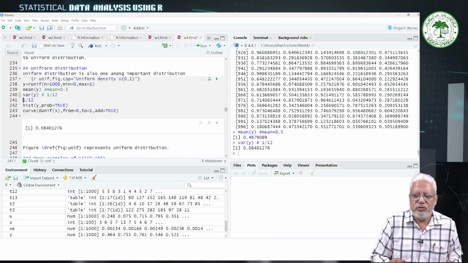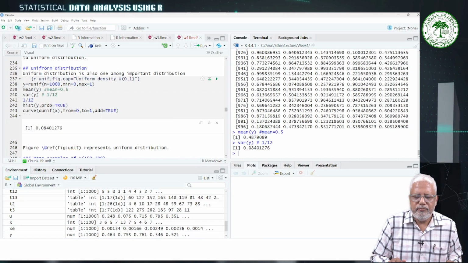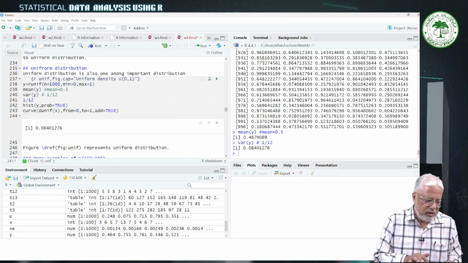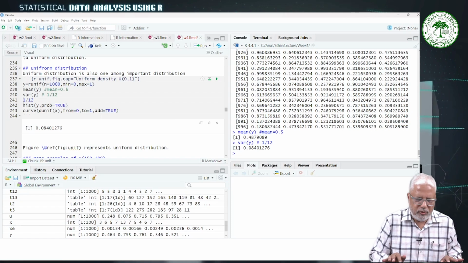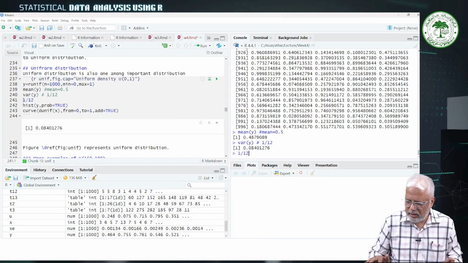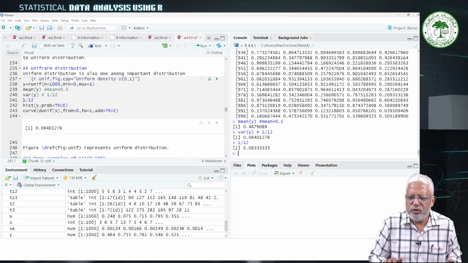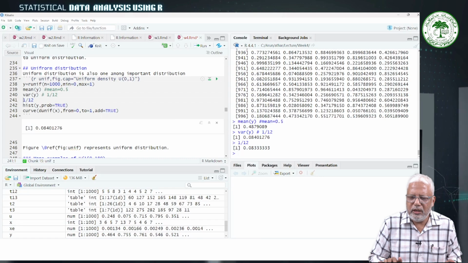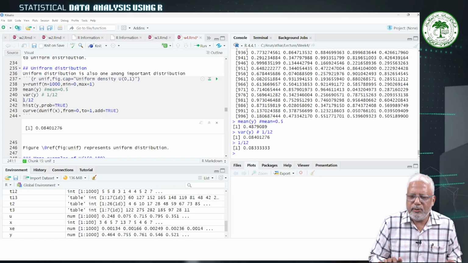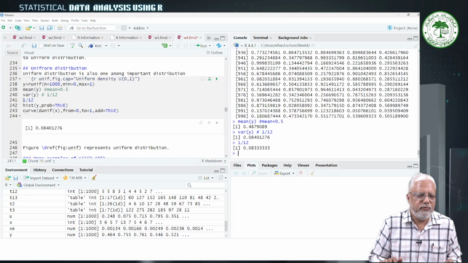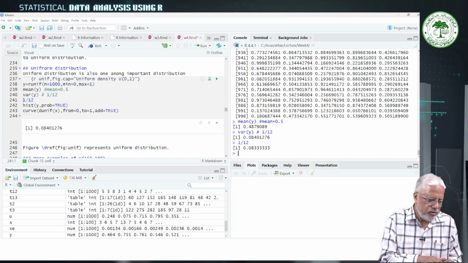If we compute 1 by 12, it is 0.0833. So this is the exact value 0.0833, and on the basis of simulation we are getting 0.084. So they are in very close agreement.